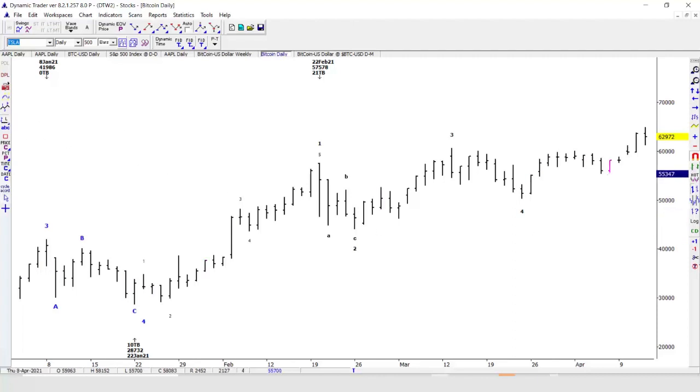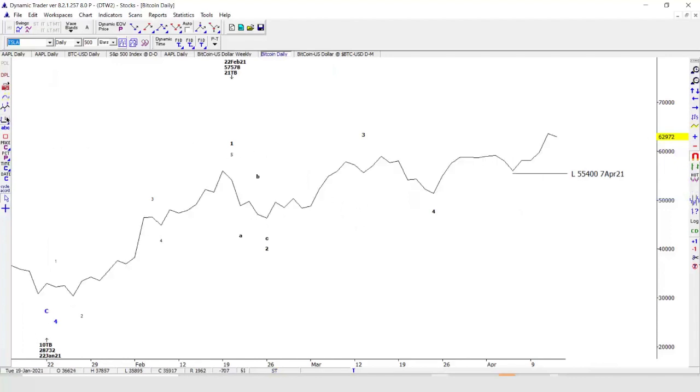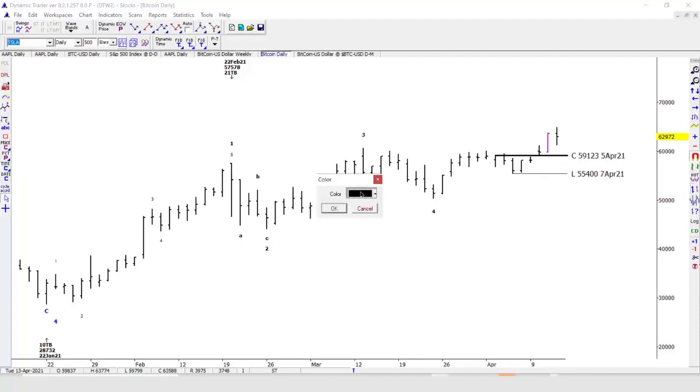Let's take a look at these two items. And then I'm going to do a close here. And I'm going to make them both red, because if either of these signals are made, potentially good night Irene for Bitcoin, at least for several weeks, if not several months, probably several months.